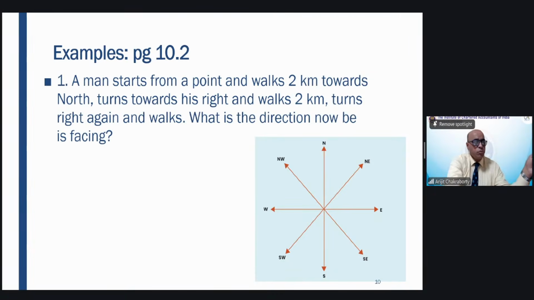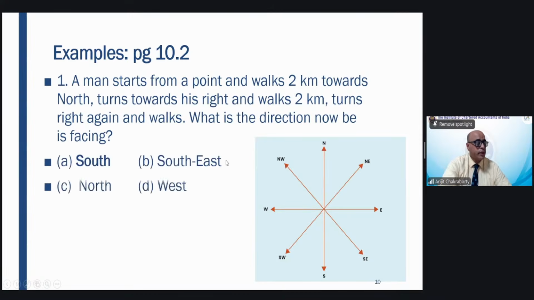So 10.2, first example, a man starts from a point and walks towards the northern side, turns towards his right. Okay, so let us see what he is doing.